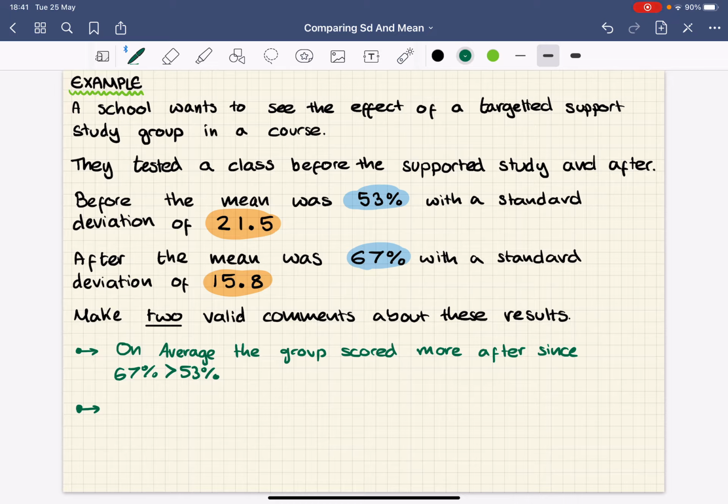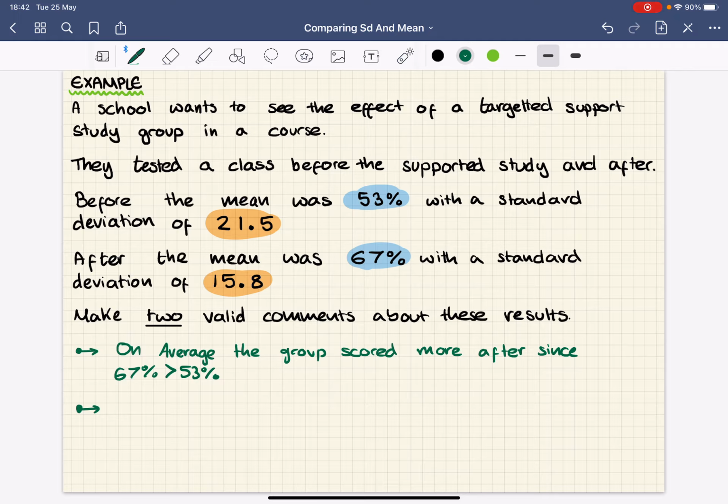So remember, standard deviation, it's the same idea as semi-interquartile range. It is a measure to see how close my numbers are, how close my data is to the mean. So the smaller the number, the closer it is, and therefore the more consistent it is. So we can see our standard deviation has decreased after, so that means it's going to be more consistent.